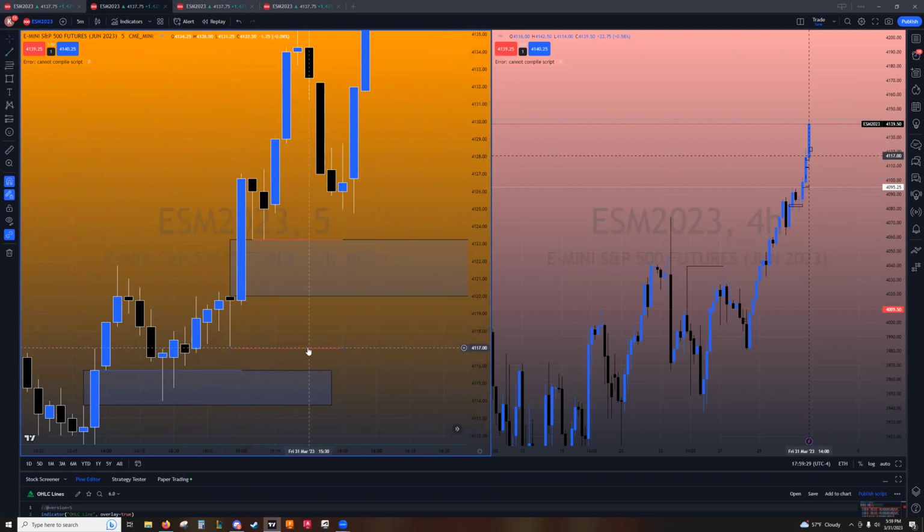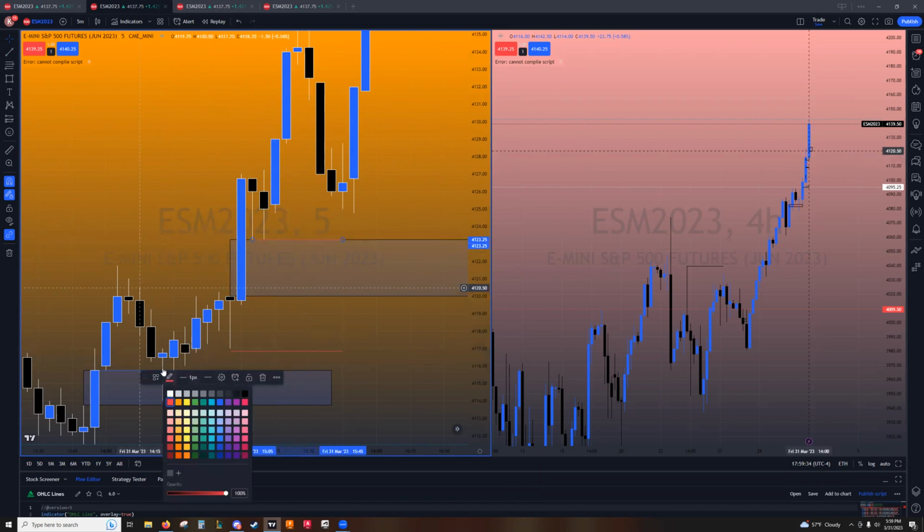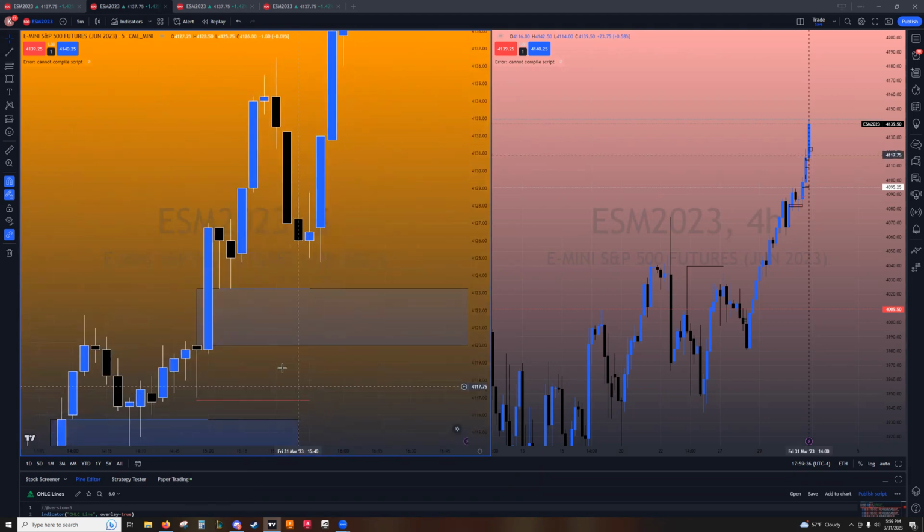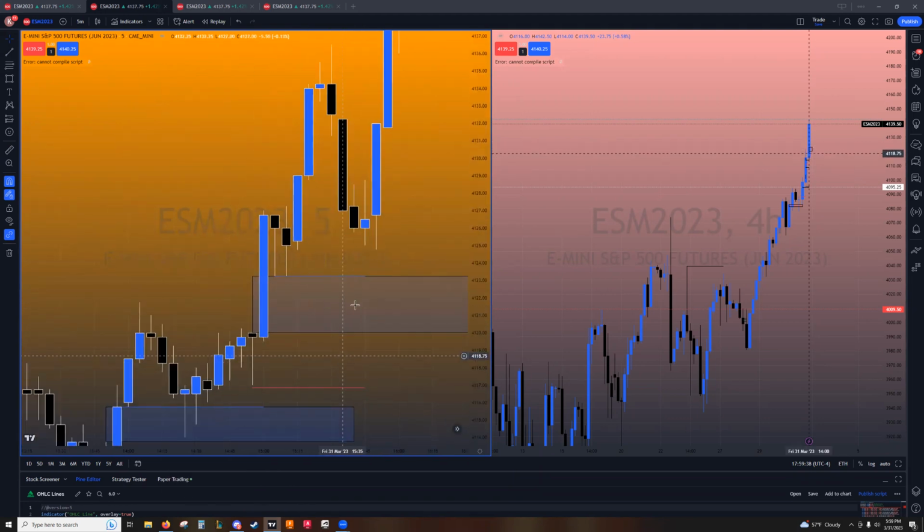My long entry will be when it crosses over that black candle, the previous black candle. Your long entry would be when it does this. No, the previous black candle.